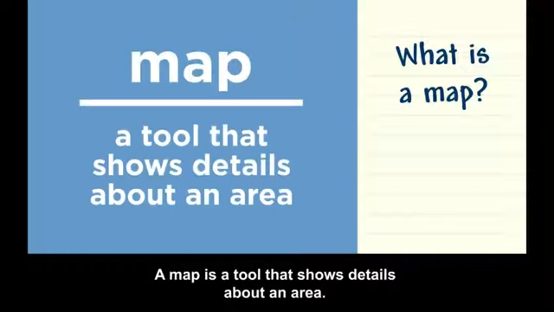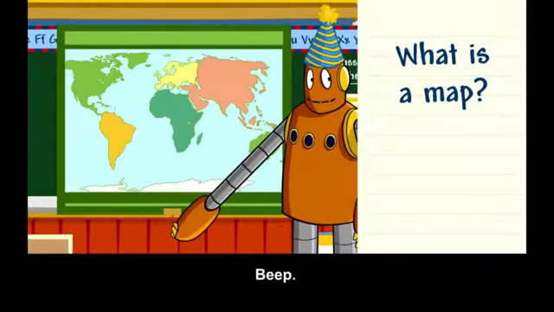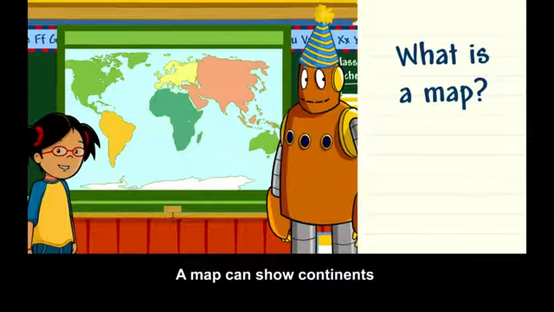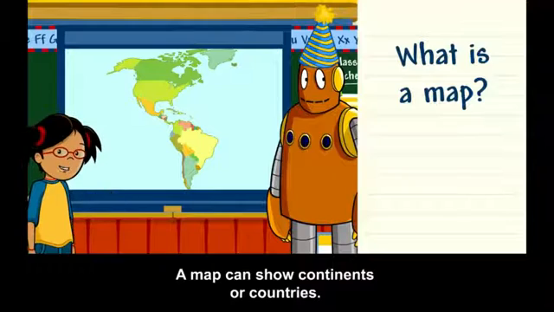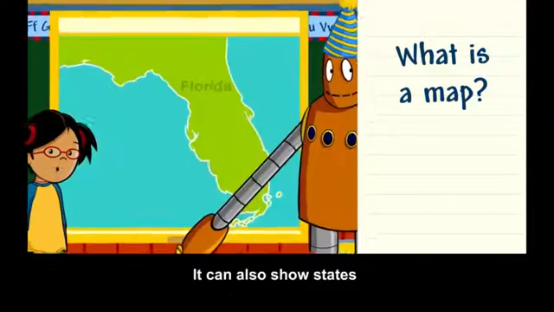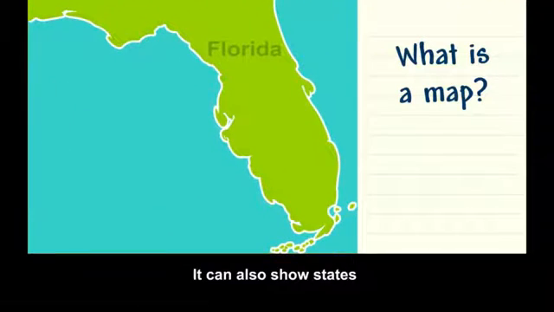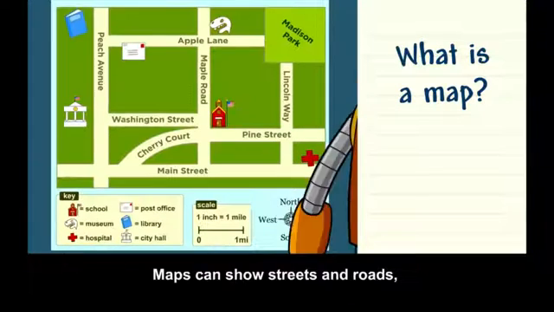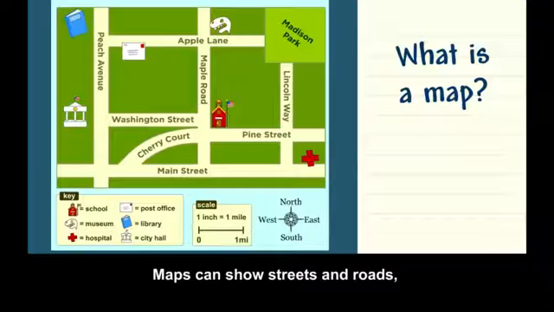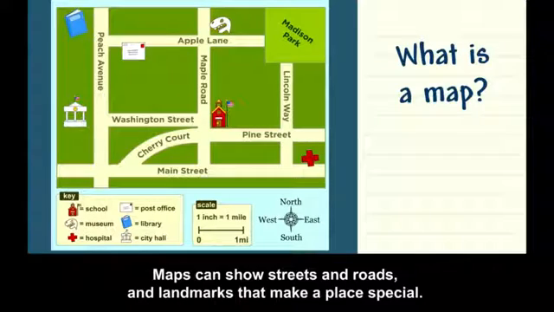A map is a tool that shows details about an area. A map can show continents or countries. It can also show states or towns and cities. Maps can show streets and roads and landmarks that make a place special.